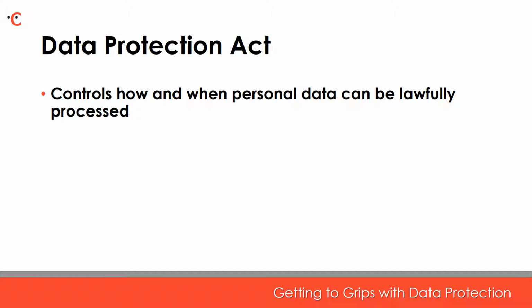So let's start with the Data Protection Act. What is it? The Data Protection Act controls how and when personal data can be lawfully processed by organisations or government bodies. The Act includes strict guidelines and privacy policies on how to keep personal data safe.